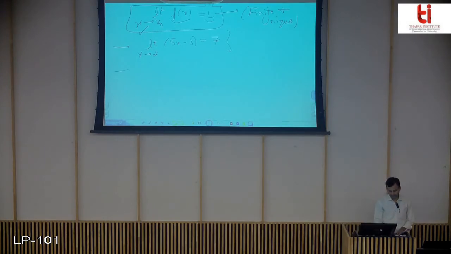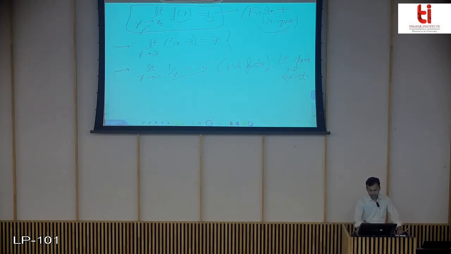The limit should not be like this one: limit x tending to 0 of 1 by x equals infinity, not finite. Limit does not exist. So the limit should be finite.